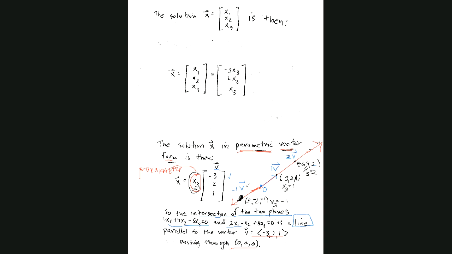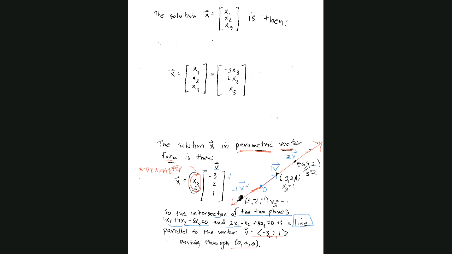And these points, which come about by taking different values of the parameter and multiplying it by the vector, all fall on a straight line. So what I've basically done is found 3 points that are part of the solution set by having the parameter take on 3 different values.